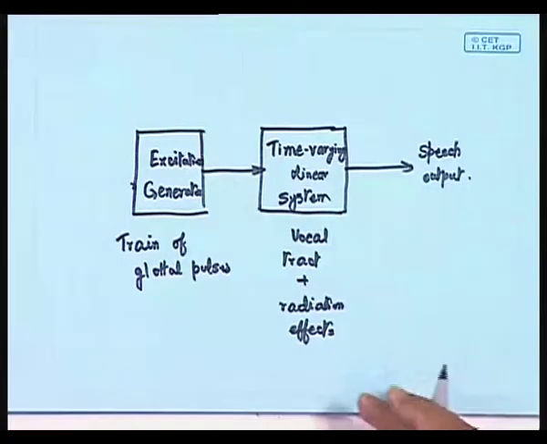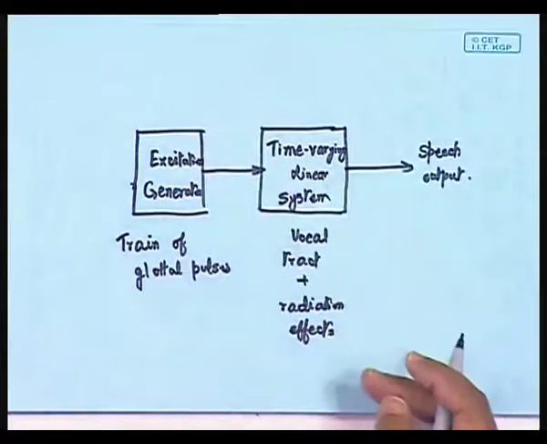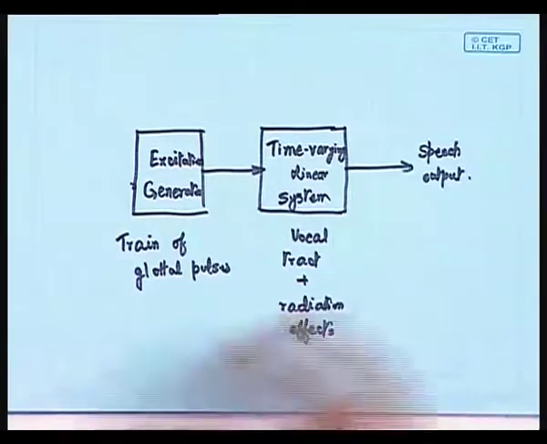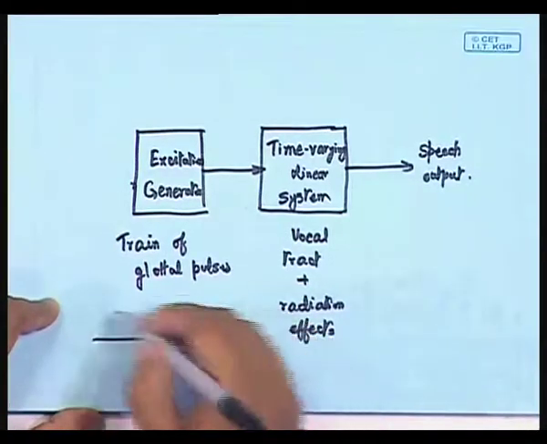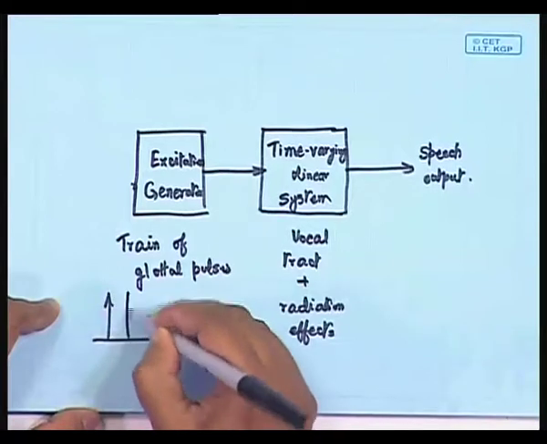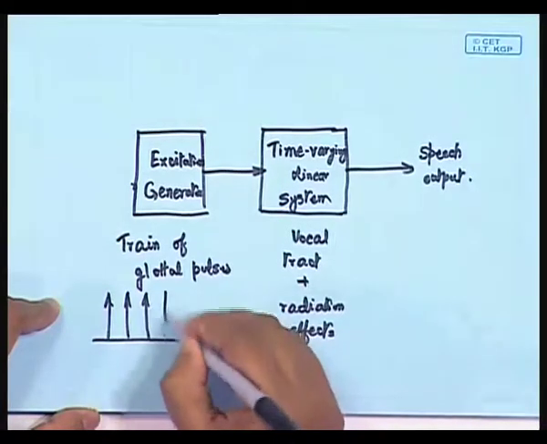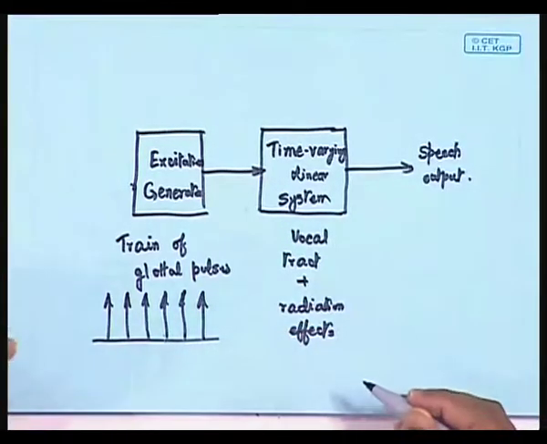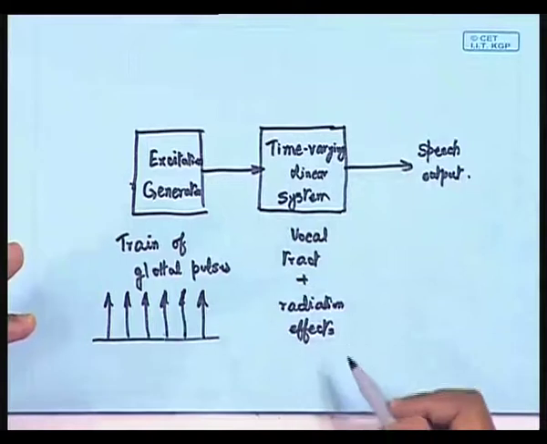Now, having known the excitation generation part, if it is a train of glottal pulses, we may represent it something like this. Say these are the pulses, which are produced periodically, or better to call it, as I have always been telling you, quasi periodicity, because you cannot assume that it is perfectly periodic, it is just a quasi periodicity that can be assumed, but this train is the cause of the excitation in the time varying system.